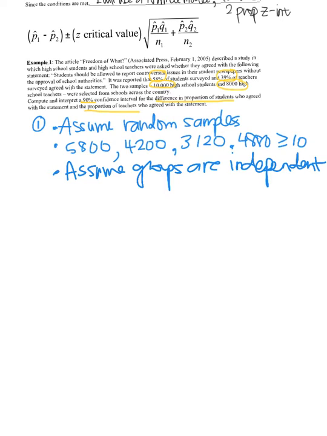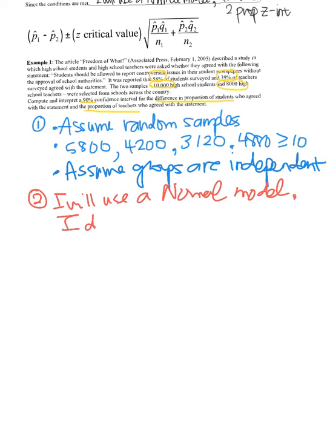Those are our conditions. Okay, step two, we're going to make our statement that I will use a normal model to do a 2-prop z int.